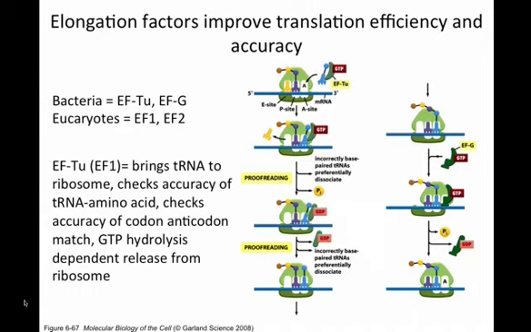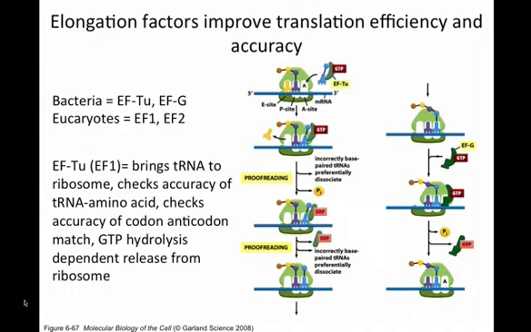So here we have elongation factors that are involved in translation efficiency and accuracy. In bacteria, they're EF-Tu and EF-G, and in eukaryotes, it's EF1 and EF2, EF for elongation factor. So in your mind, you should be thinking elongation factor is involved with polypeptide chain elongation.